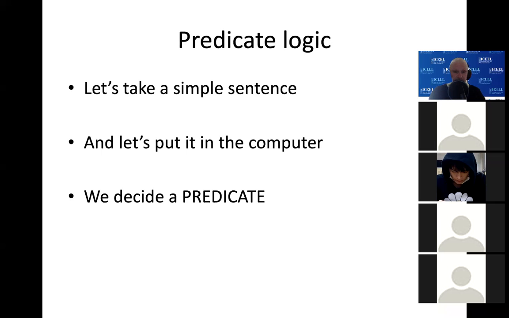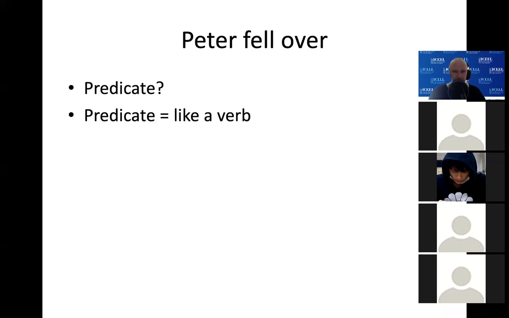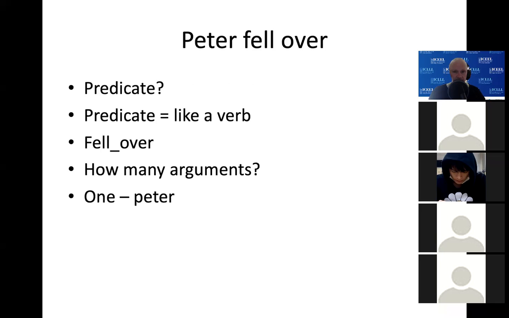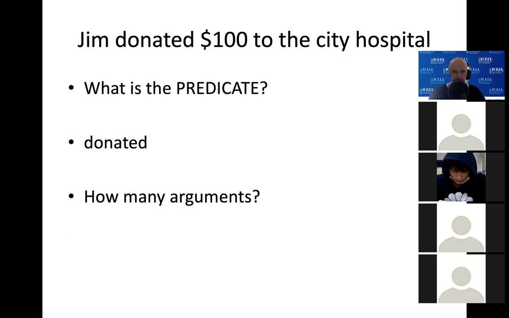Let's put in the computer, we decide a predicate, and the predicate has arguments. So for example, Peter fell over. You did this last week. Predicate like a verb, fell over. It's probably going to have one argument. Jim donated $100 to the city hospital. What was the predicate? Donated. How many arguments? Probably 3.